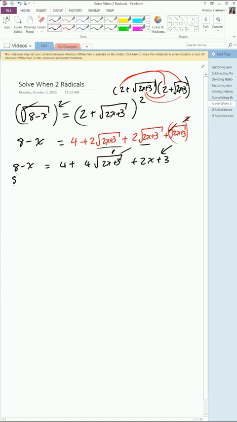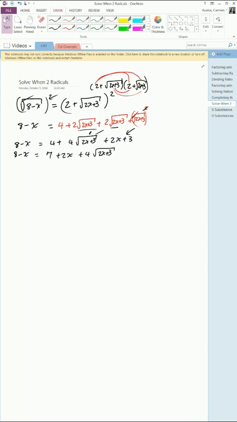So you're going to have 8 minus x is equal to, because we're going to combine like terms, 7 plus 2x plus 4 square root of 2x plus 3.